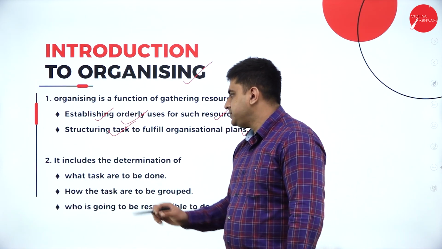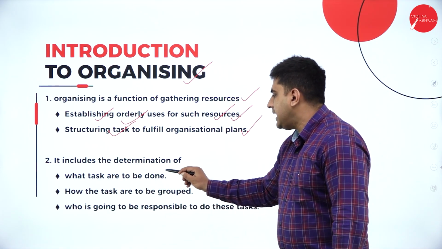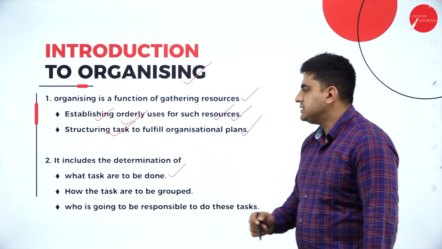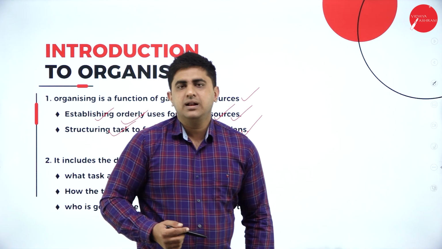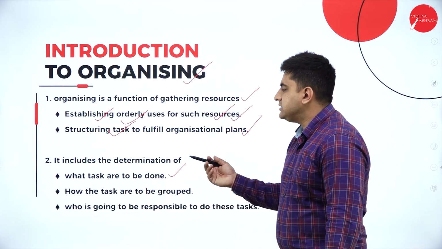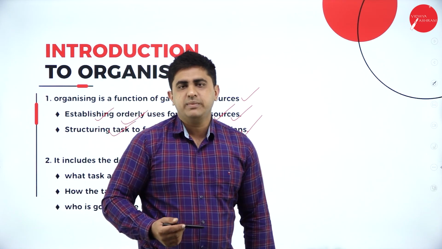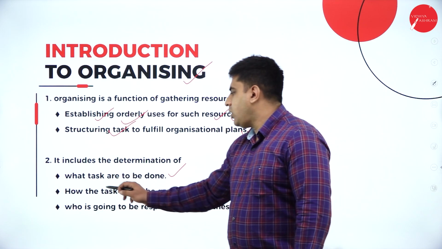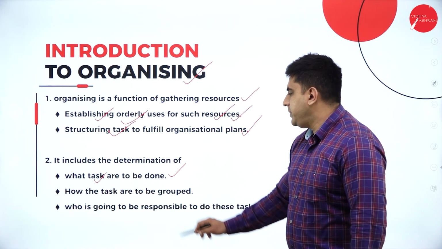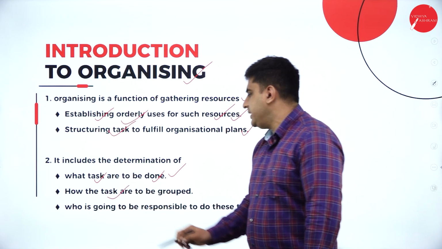Second point you see, it includes the determination of what tasks are to be done. For example, there will be different kinds of tasks which you will have to perform, like your finance work, your production work, your marketing work. So you are deciding what task has to be done. Next, how the tasks are to be done.